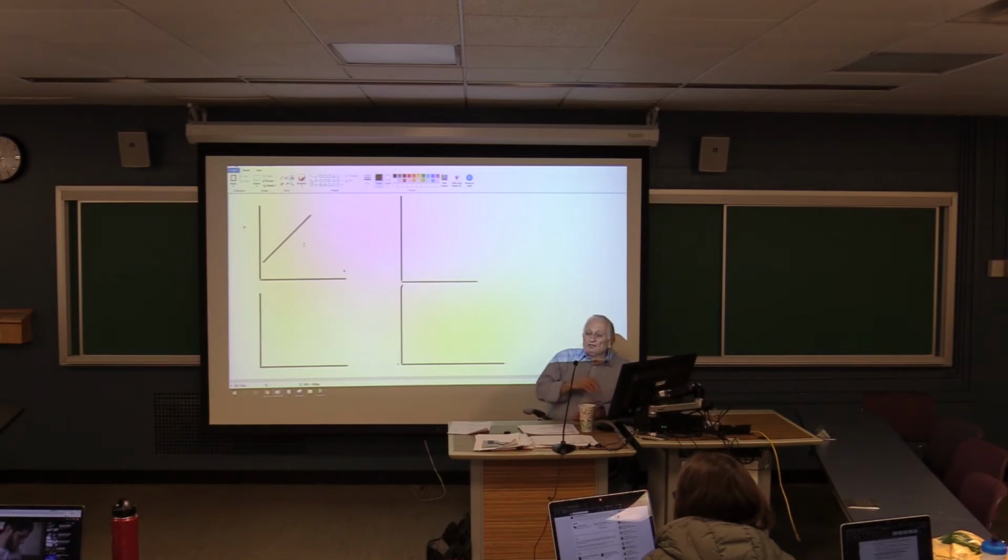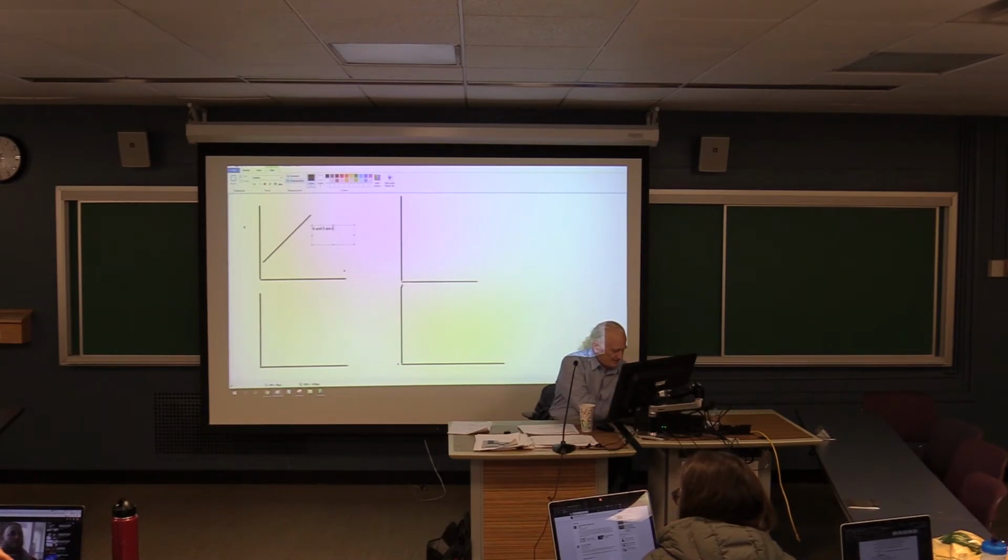Positive relationship, meaning as x goes up, so does y. As x goes down, so does y. But when you say positive relationship, this also says that x and y are linearly related.